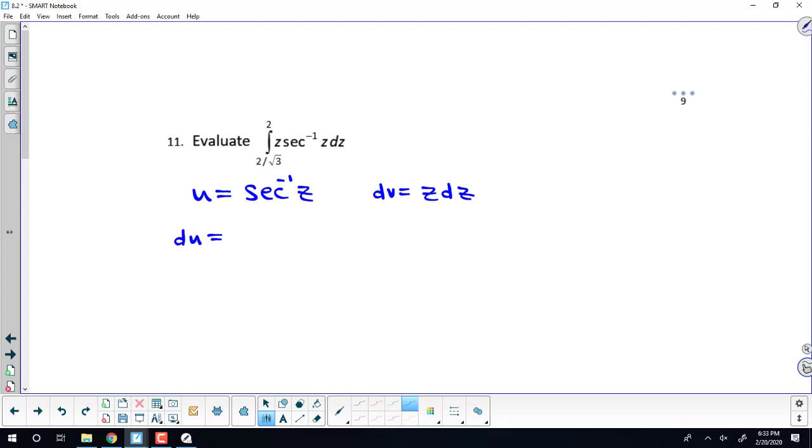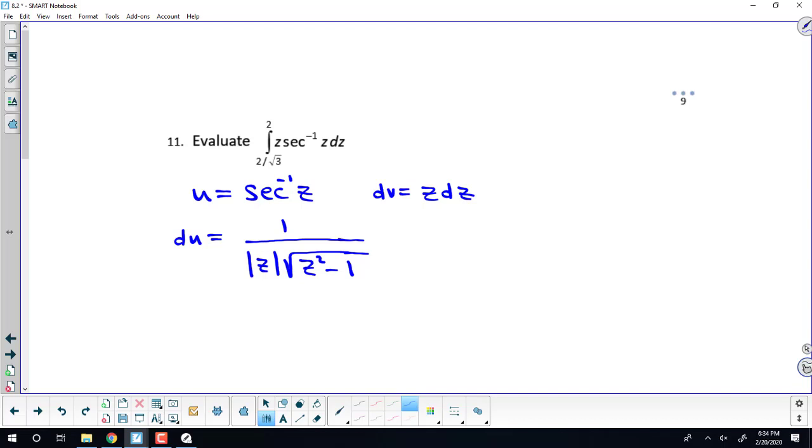Yeah. 1 over the absolute value of x, square root, and I don't know if it's a squared minus x squared or x squared minus a squared. Well, you did good. Anybody remember what's under the radical? X squared minus 1. Yeah, exactly. z squared minus 1.